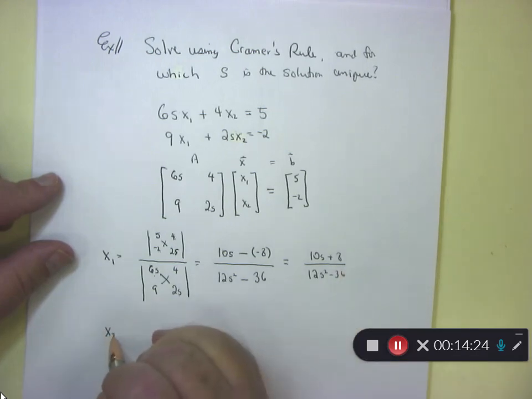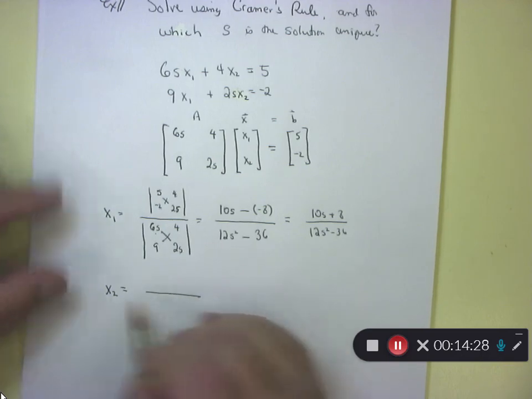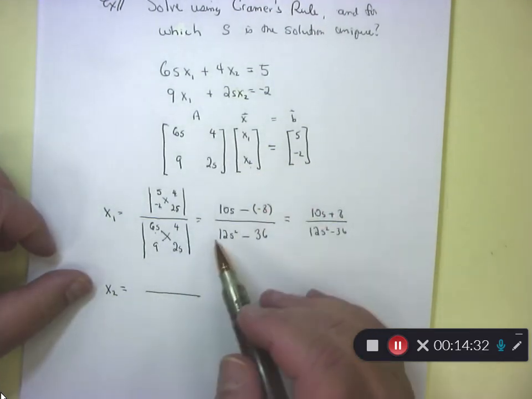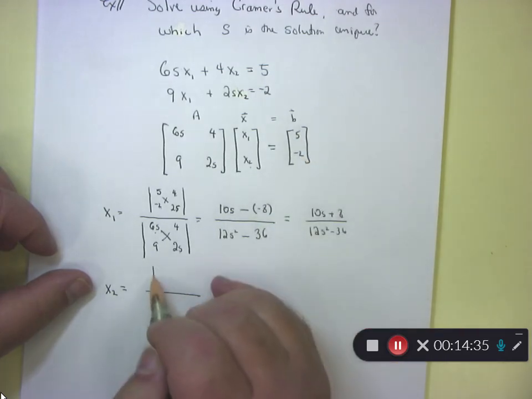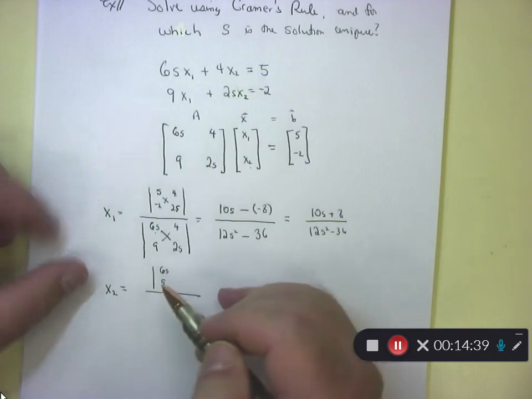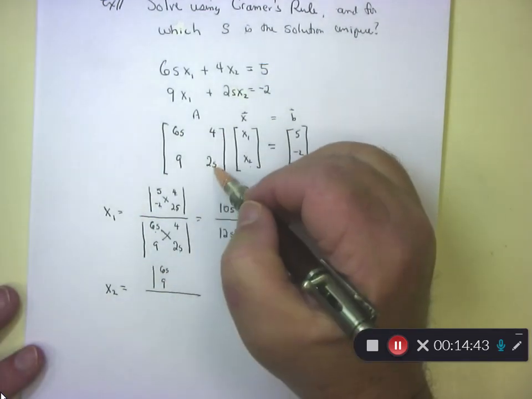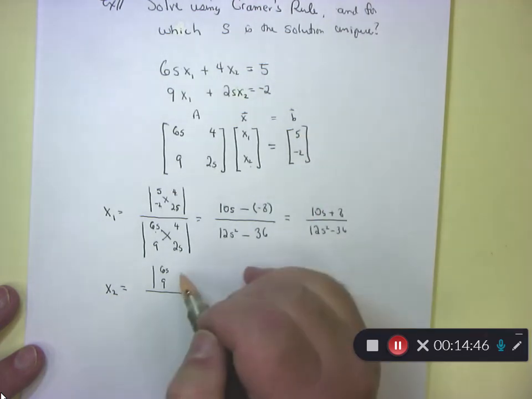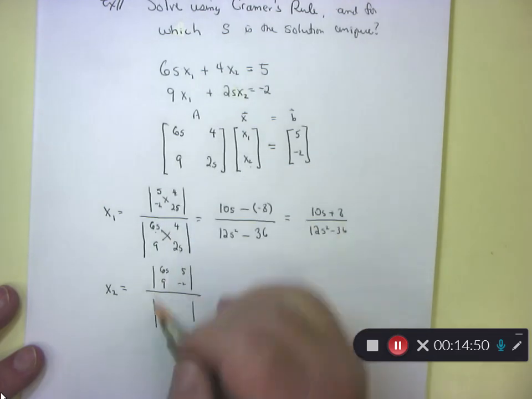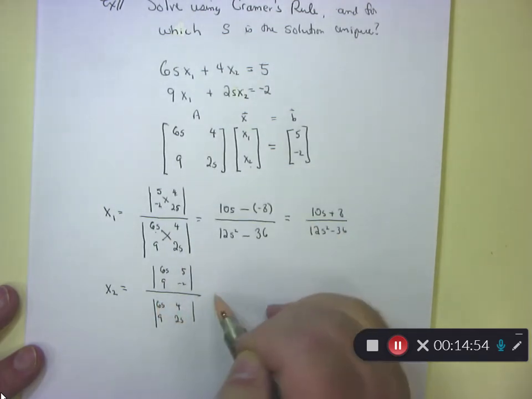And then the solution for x2 would be, again, x2 is your second variable, so it's the second column that we're going to replace with b. So I get the matrix that we're going to take the determinant of: 6s, 9 for the first column, and for the second column, replace the 4, 2s with 5, -2. And divided by the original coefficient matrix, 6s, 9, 4, 2s.